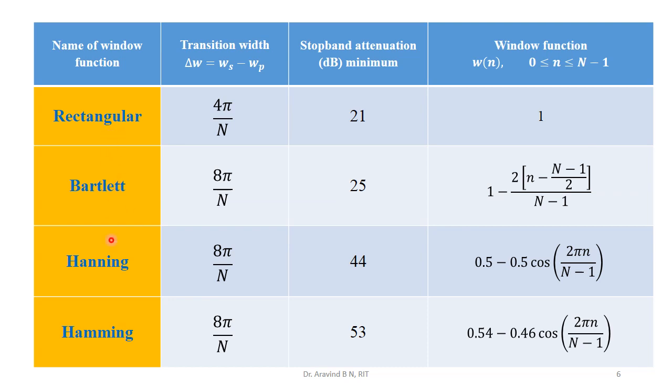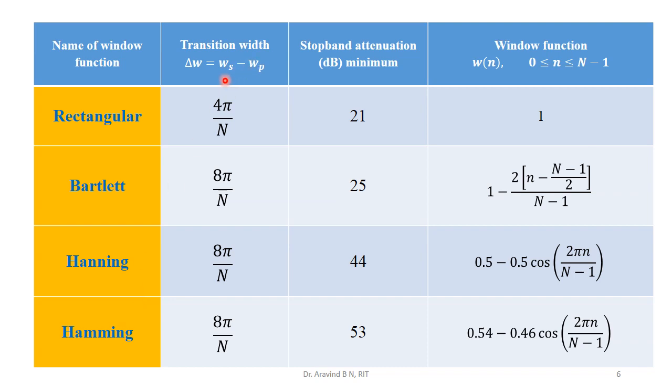Now for each of these windowing methods, we are going to predefine the transition width, the stop band attenuation, the minimum and the window function. So these are going to be the standard for all these four kinds of windowing techniques.